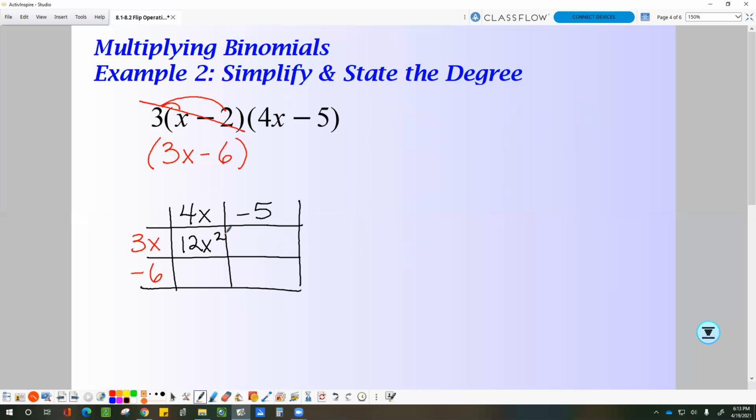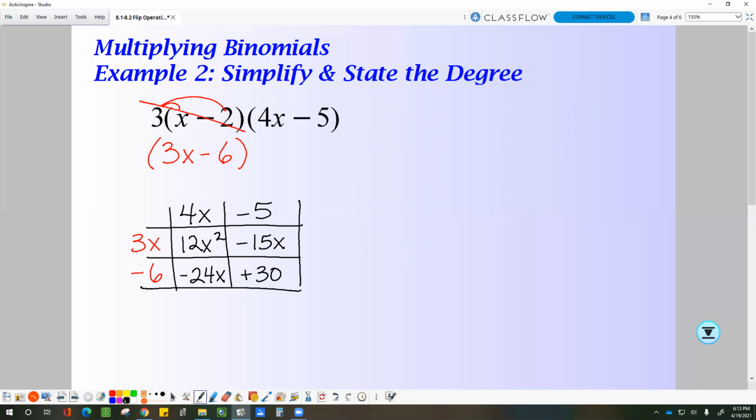Put your products in the boxes. 3x times -5 is -15x. -6 times 4x is -24x. And -6 times -5 is positive 30.